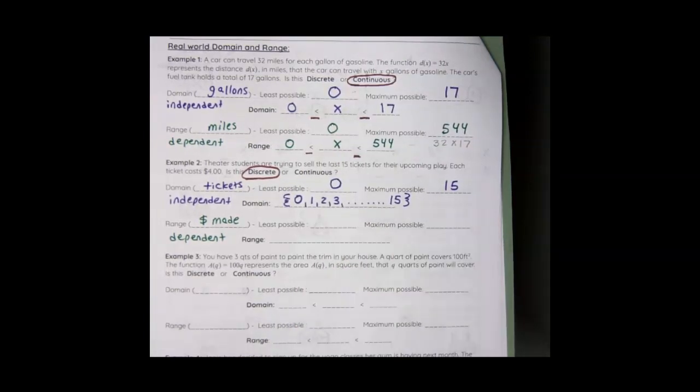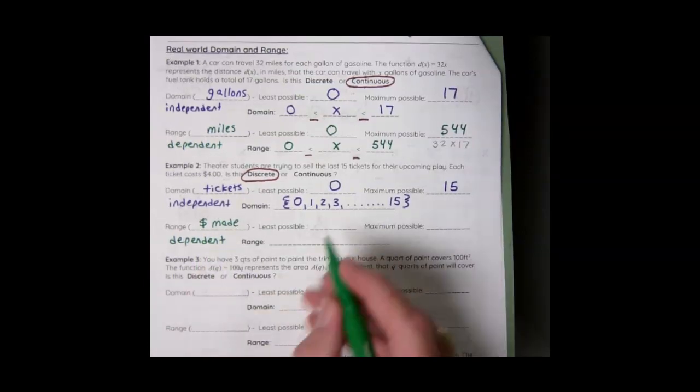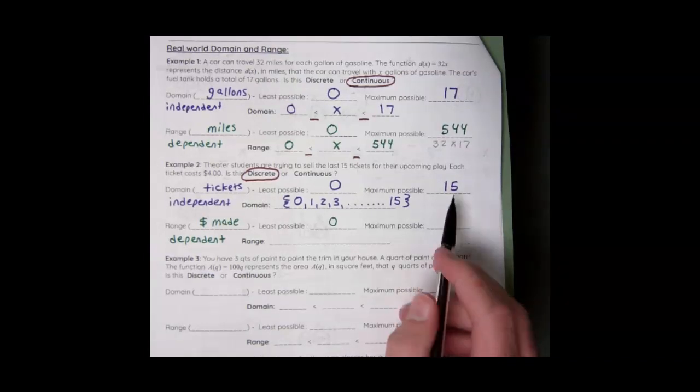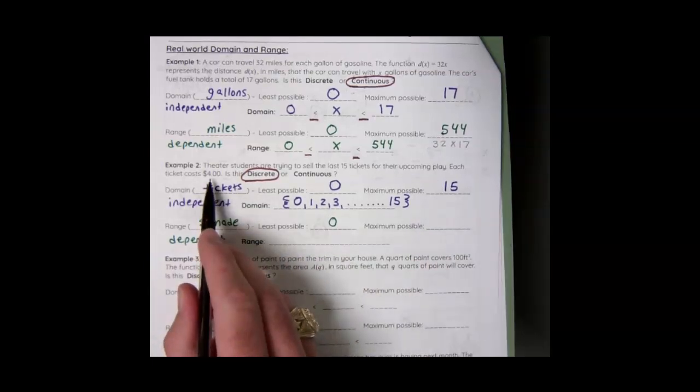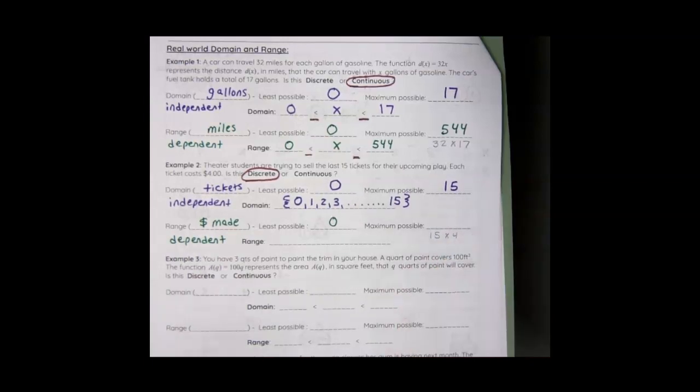Okay? Now for range, how much money can we make? Well, we can make $0. And then for the maximum amount of money that we could make, if we sold all 15 tickets and they each cost $4, we would make $60.